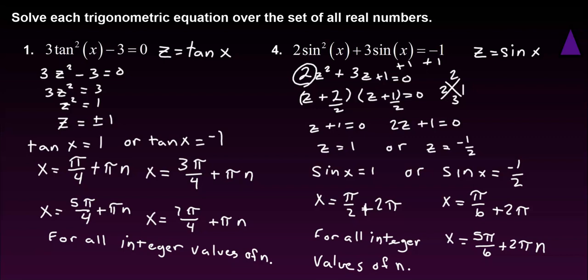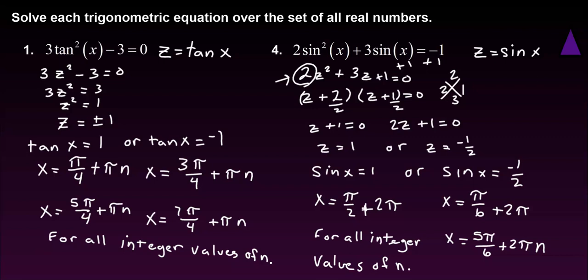So we plug those in, we get z plus 2 times z plus 1, but we have to remember that 2 is out in front, so we need to divide each of those by 2. Once we've done that, we have z plus 1 equals 0. We have 2z plus 1 equals 0. Remember, you do bottoms up, so 2 goes in front of the z.